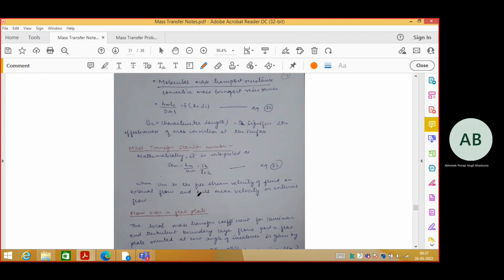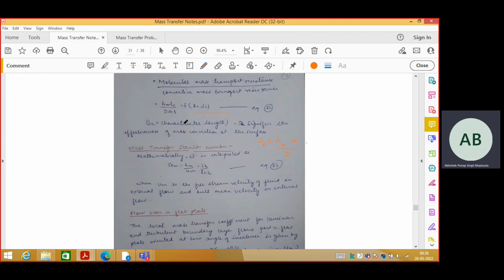Generally we get the expression h_m x divided by D. Basically, it is a function of the Reynolds number and the Schmidt number.